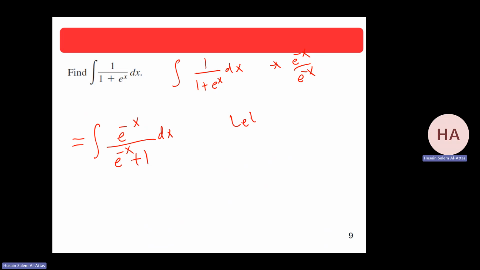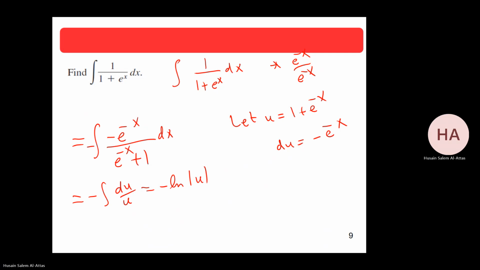Now I will let u be 1 plus e to the minus x. du will be minus e to the minus x, so I need a minus. That gives me minus du over u, which is minus ln of u plus c. That is minus ln of 1 plus e to the minus x, which is always positive, plus c.